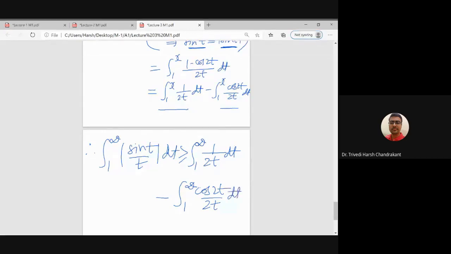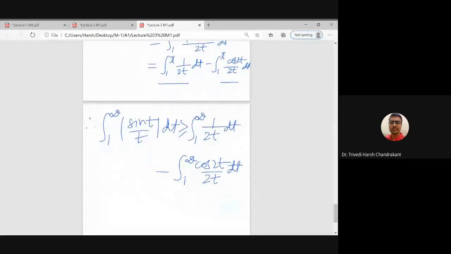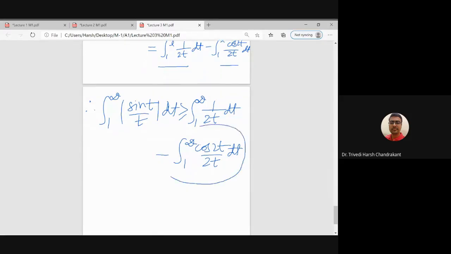Right. Now we know that this integral diverges because it is 1 by 2 times the integral of 1 upon t. By the p-integral test, since p is 1, the integral of 1 upon t dt is divergent. So we will see whether the other integral converges or not.